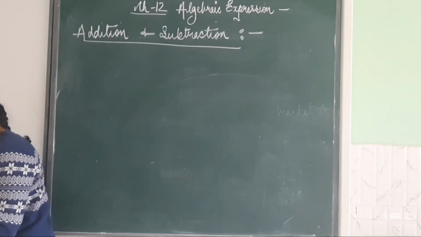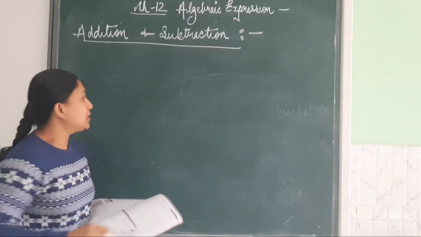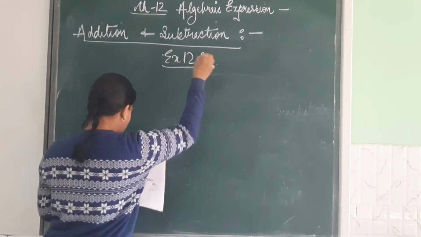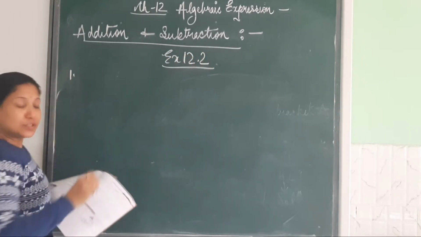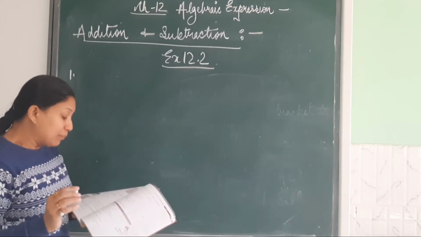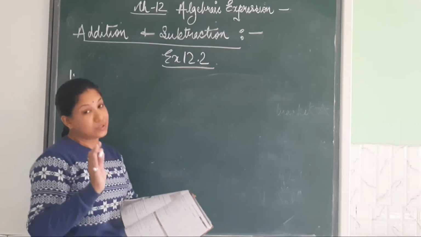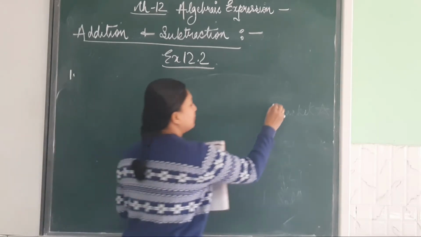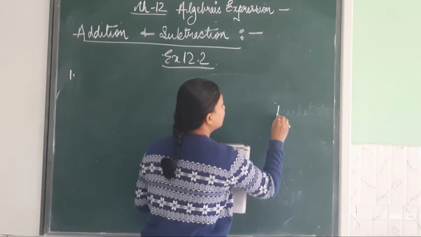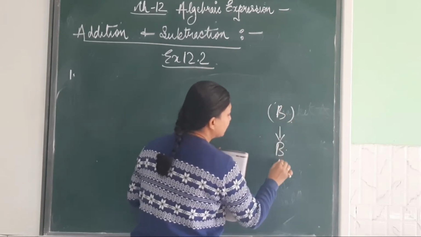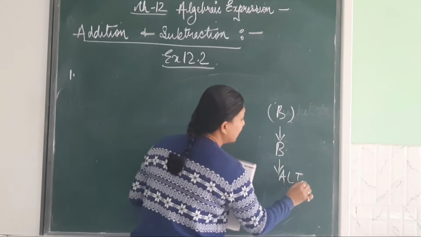Now we will begin with the exercise questions. This is exercise 12.2. See the first one. The first question is: simplify combining like terms. Here it's not asked to add or subtract. We have learned for addition and subtraction: first you put the bracket, then you open the bracket, then you arrange in like terms.